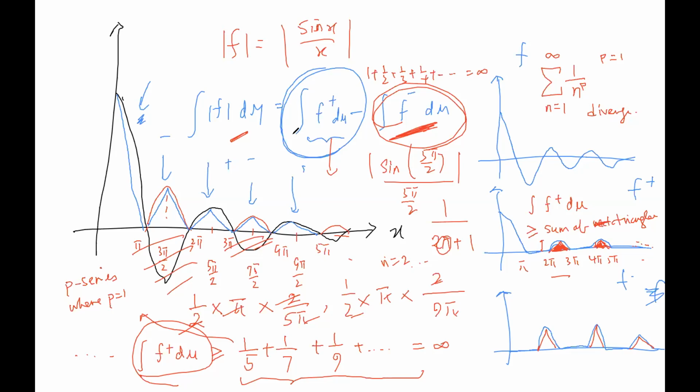Okay, but it's not a major problem because we basically can switch back and forth between both integrals as and when is convenient. Okay. All right. So this is the example of a function that is not Lebesgue integrable.